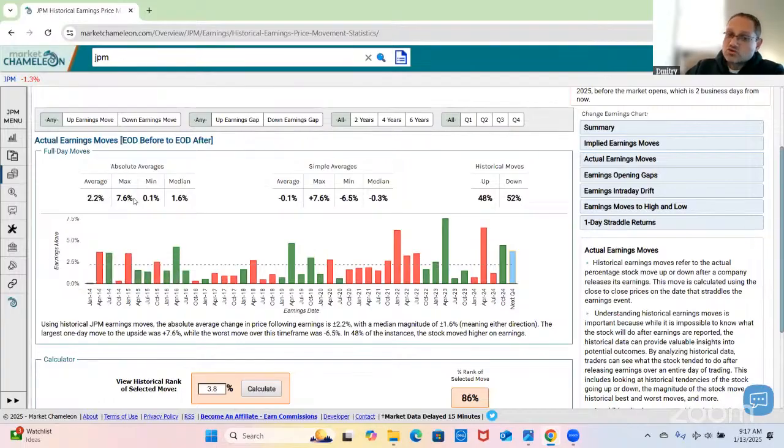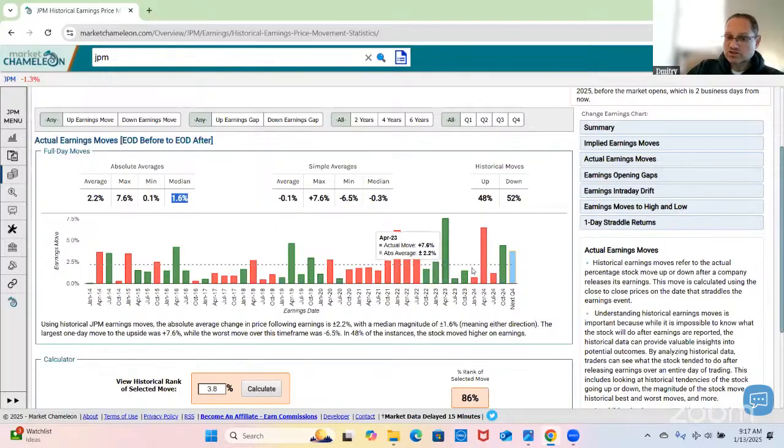The biggest move in absolute terms was 7.6%. The smallest move from close to close was almost unchanged. And the median move, which half the observations were above, half below, was 1.6%. So these bars over here pointing up show us the magnitude of the move. When the bar is red, that means the move was to the downside.